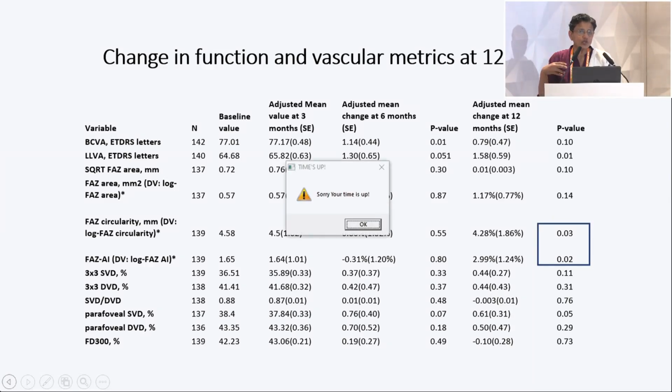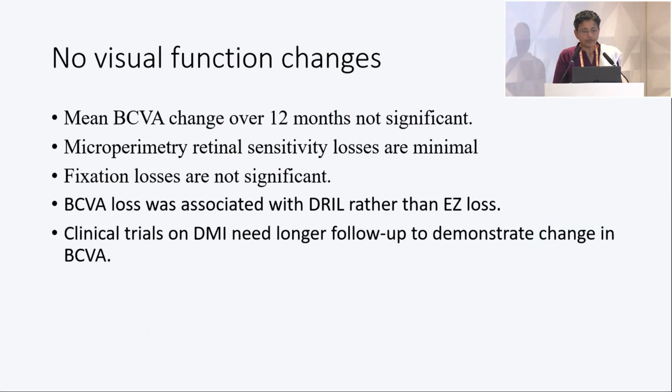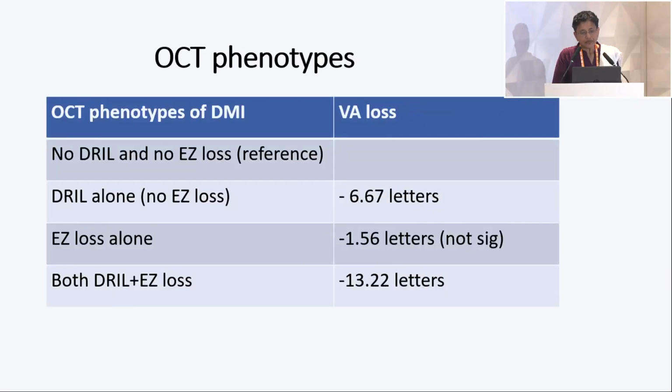So despite all the new terminologies we have learned about superficial and deep vascular plexus, their density, their tortuosity, fractal analysis, we still end up saying foveal avascular zone enlargement is actually the best metric to look for in DMI patients. But despite this enlargement, we saw no visual function changes, no BCVA change, no contrast sensitivity change, no microperimetry change. So clearly, any clinical trial in this area should run more than 12 months. So there are OCT phenotypes in diabetic macular edema.